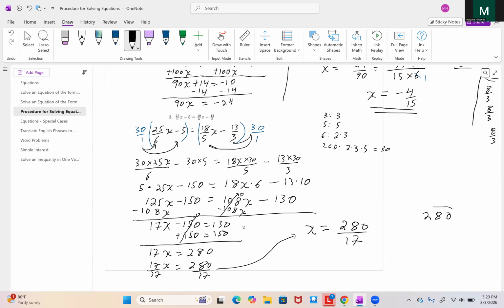280 divided by 17. 1 times 17. 17 is a prime number, so let's see if 280 divides into equal parts by 17. So this is 1, and this difference is 1. Bring down the 0.